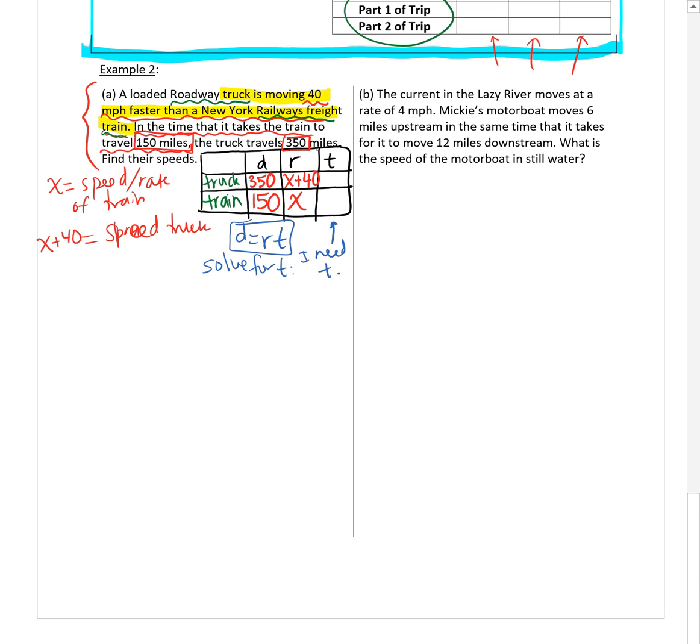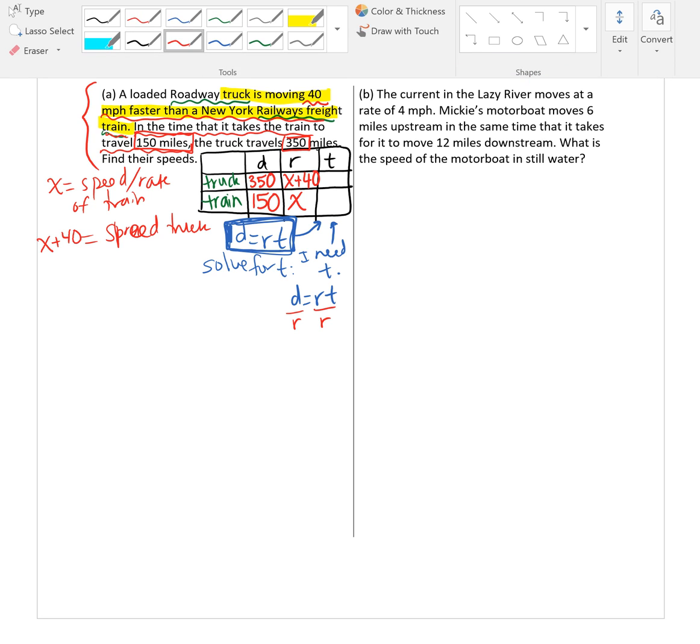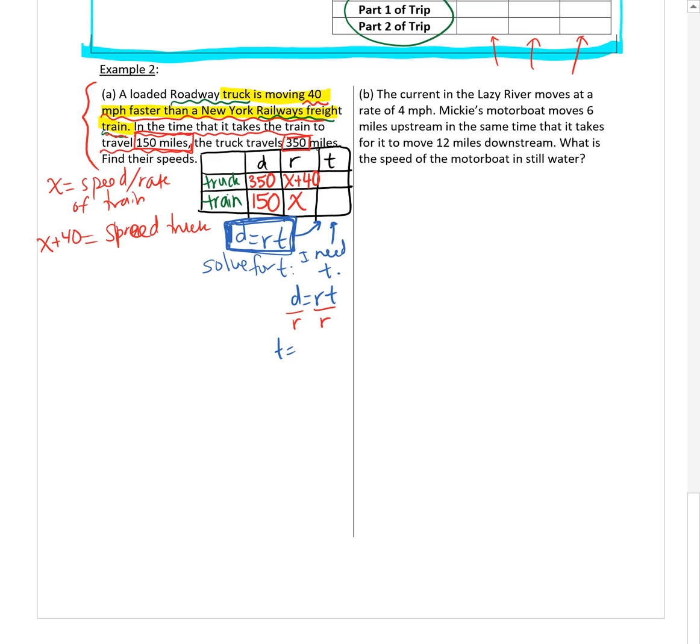So that's pretty much what you have to do. Take distance equals rate times time, this formula, and get the variable by itself that you need, the one you're missing. Okay, D equals RT. Well, if I want to isolate T, it's being multiplied by R. To get rid of R, I'll do the opposite and divide. And that way T is by itself. T is equal to distance over rate. Alright, and that's how I'll fill in each of the times.